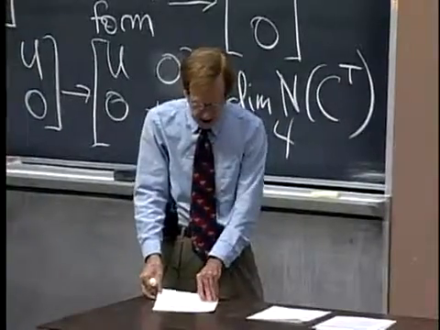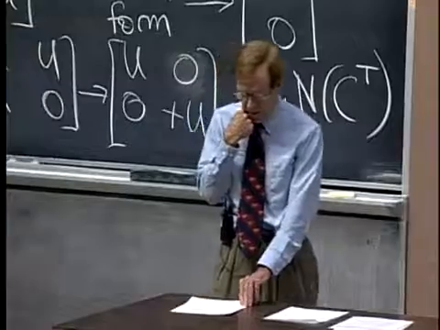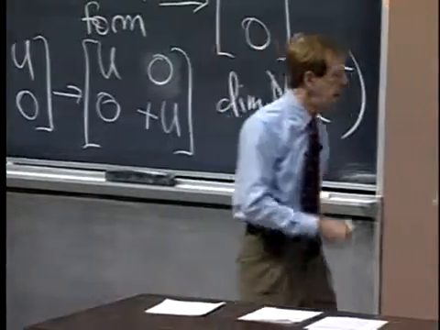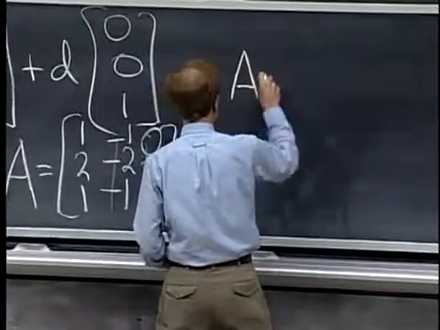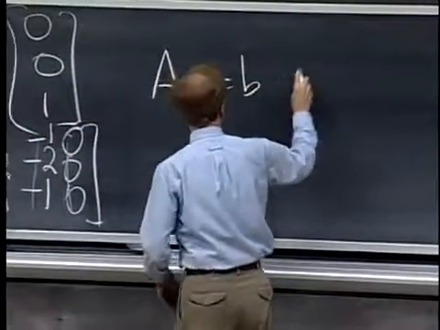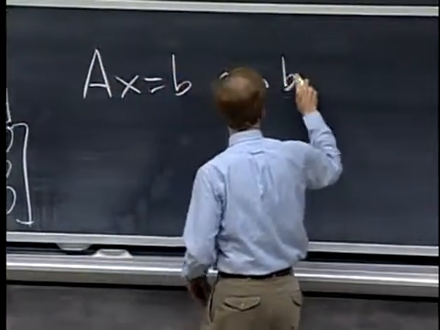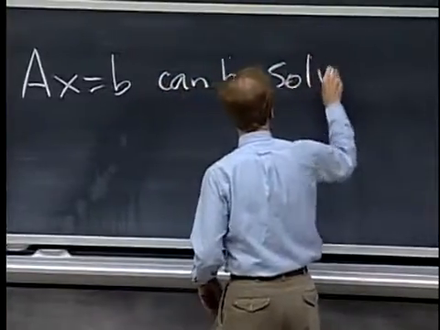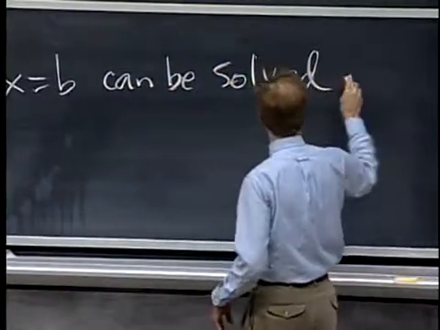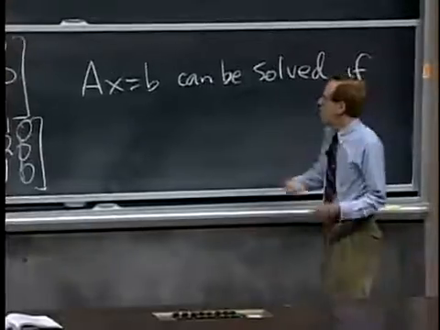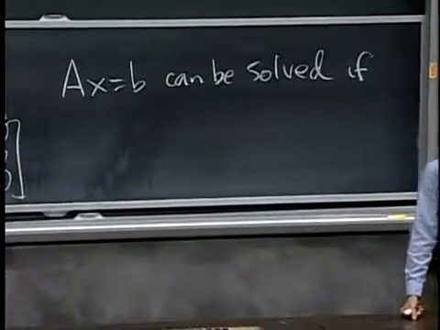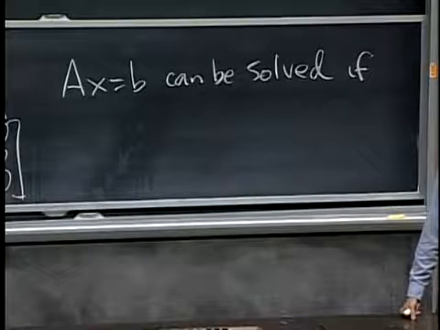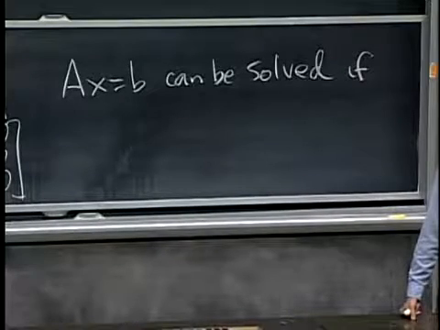And then I go on to ask, for what vectors B can AX equal B be solved? I'm looking for a condition on B, if any. Can it be solved for every right-hand side B?